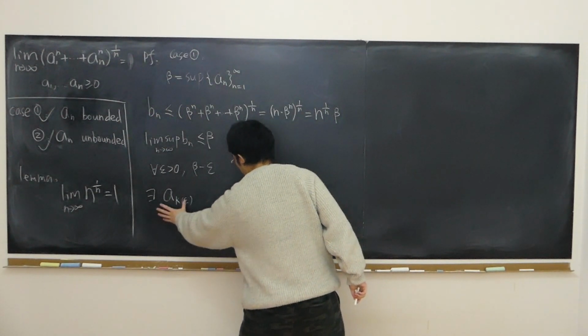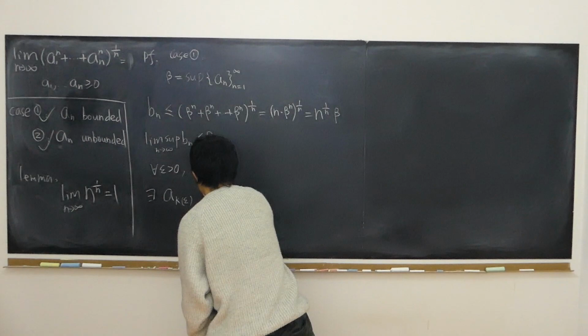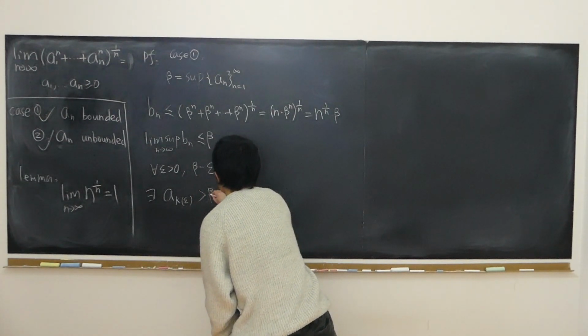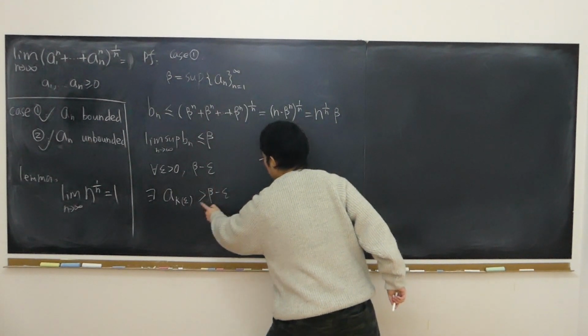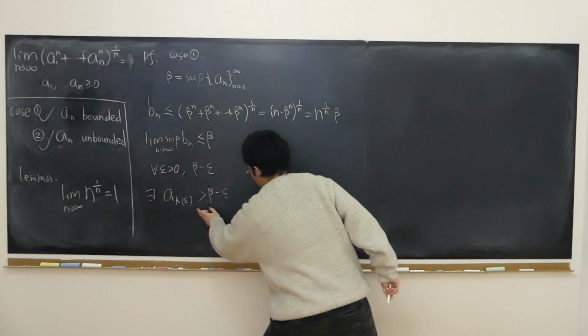So this is a fixed term, and it is definitely larger than beta minus epsilon, because that quantity is no longer an upper bound, so at least one term is larger than this.